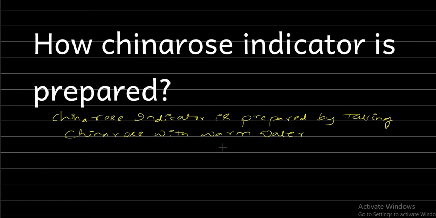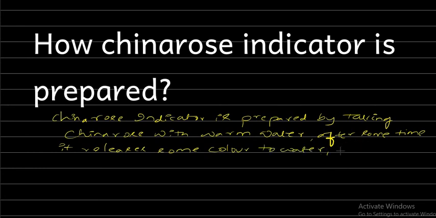Okay, when you mix this China rose with warm water, after some time, what happens? It releases some color to the water. And that water we need to use as an indicator. This is how you can prepare the China rose indicator.